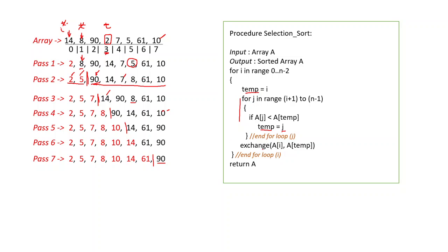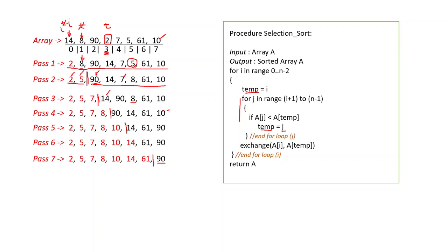Now we will be exchanging the value contained in index number 3 with the value of index number I. So I is initialized at 0 in this case. So 14 and 2 get exchanged in this pass.